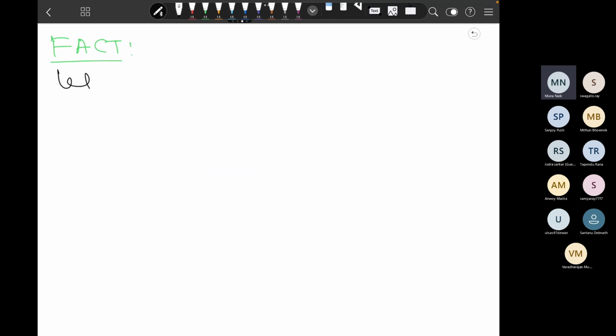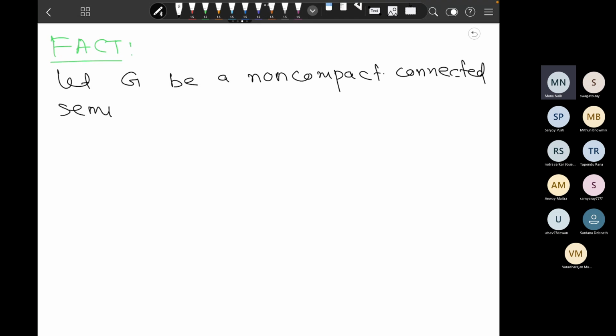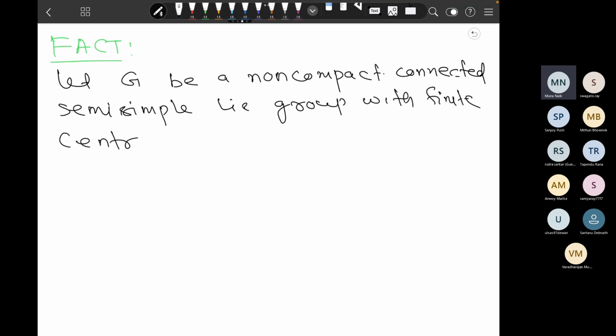so this is the definition which we always take: let G be a non-compact, connected, semi-simple Lie group with finite center, and let K be a maximal compact subgroup.